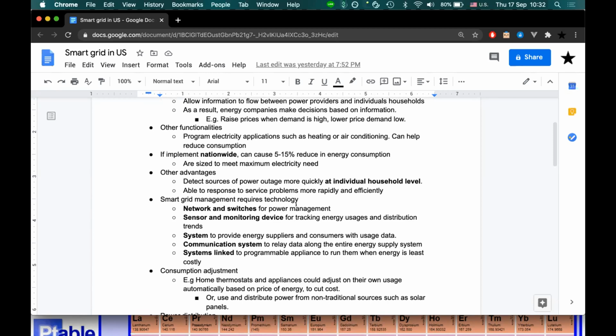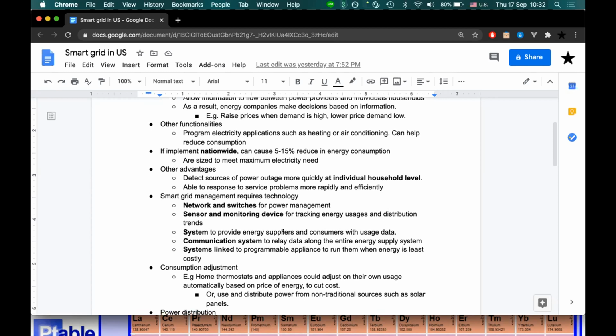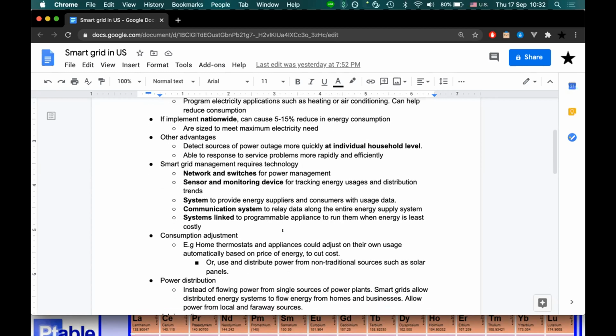So it could help reduce consumption in an automated way. If it's implemented on a nationwide scale, it can cause a 5 to 15% reduction in energy consumption. And they are sized to meet the maximum electricity need for the whole nation.